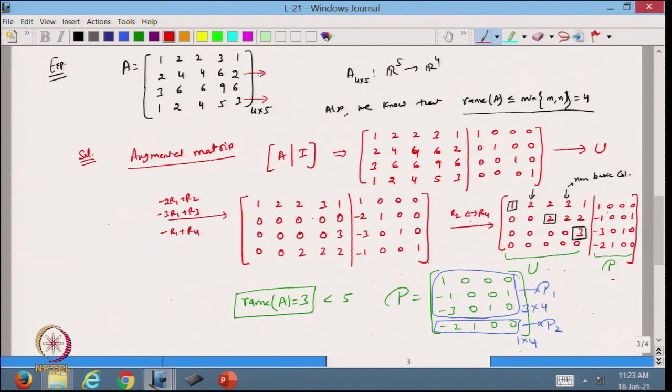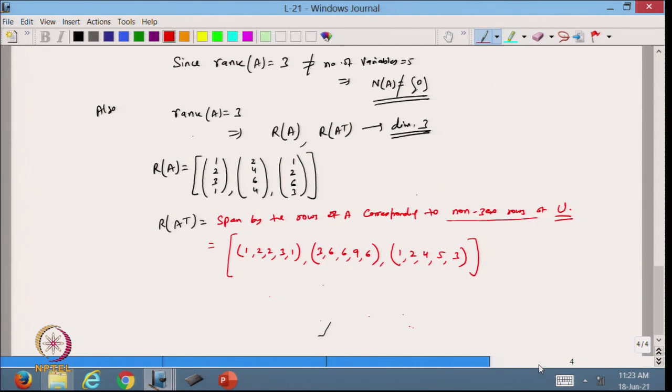So, the second place row is this one, and that we have left. You can check that these are linearly independent vectors I have taken, and from here I know that the dimension is 3, so it is equal to the rank. So, now I am able to find R(A) and R(A transpose).